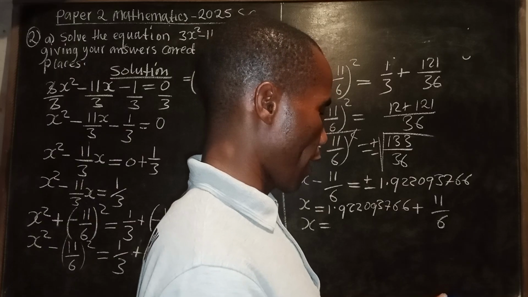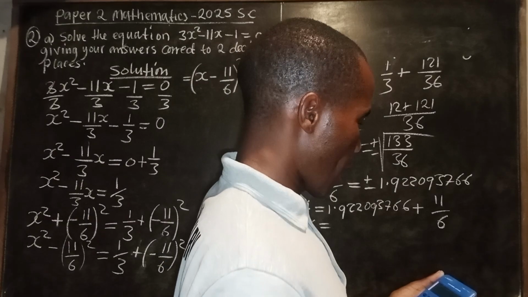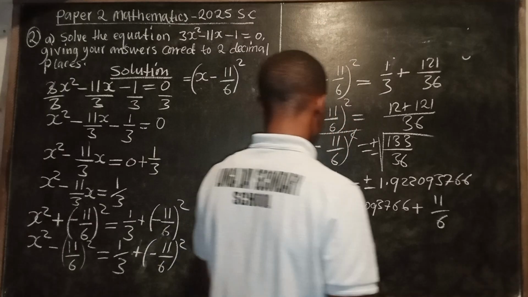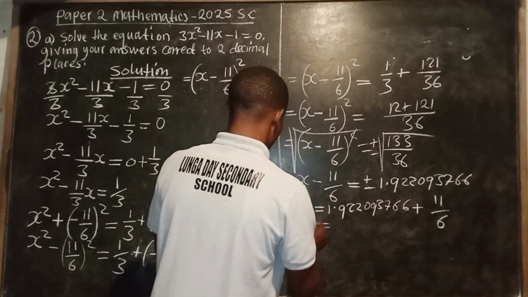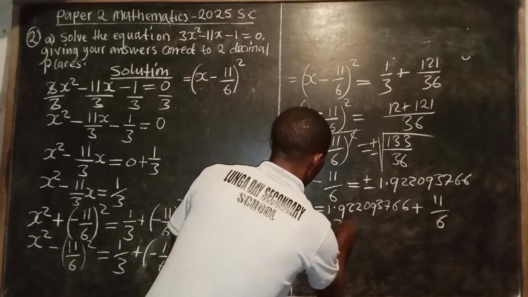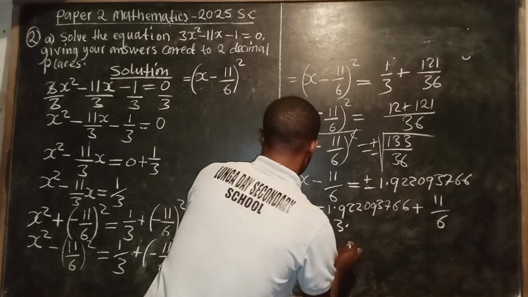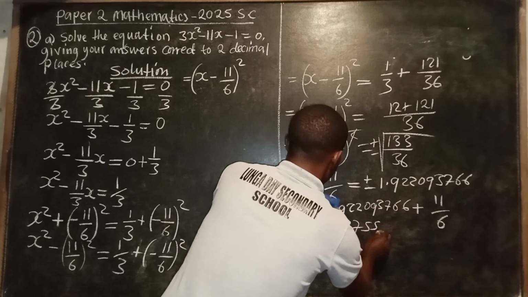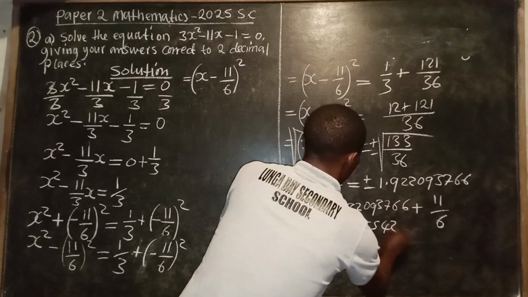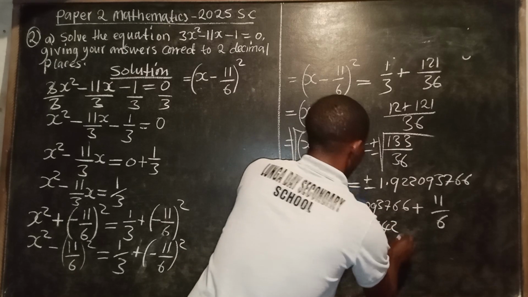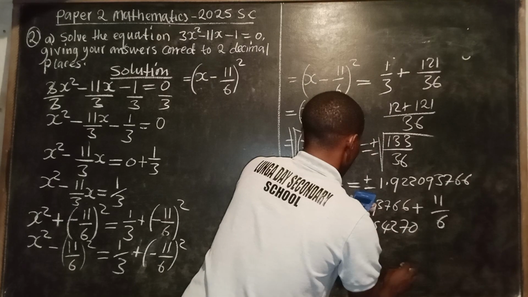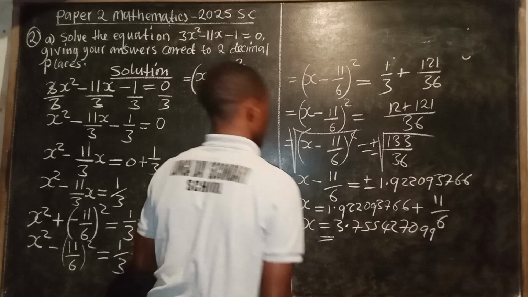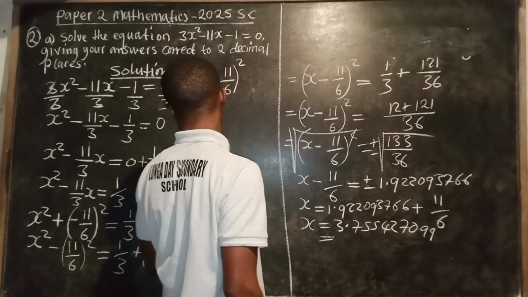So the answer is going to be 3.37, then 0.75542. This can be rounded off according to the question.